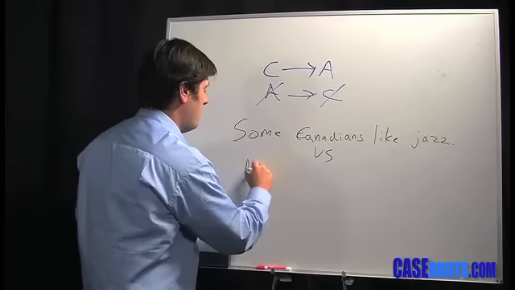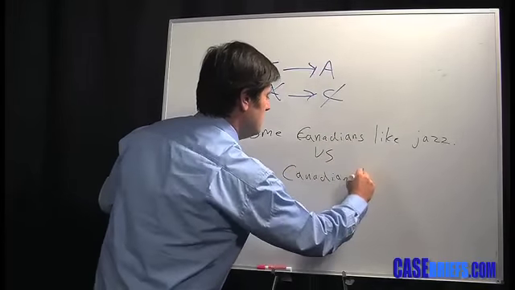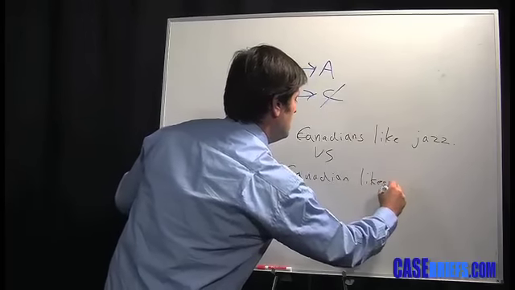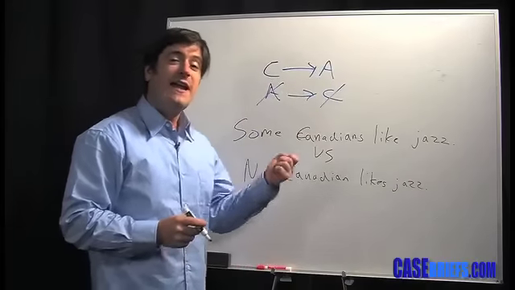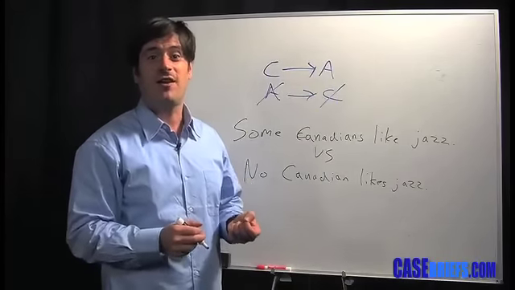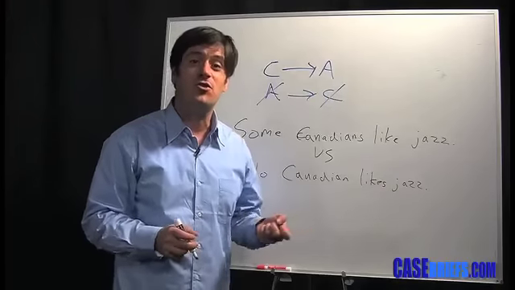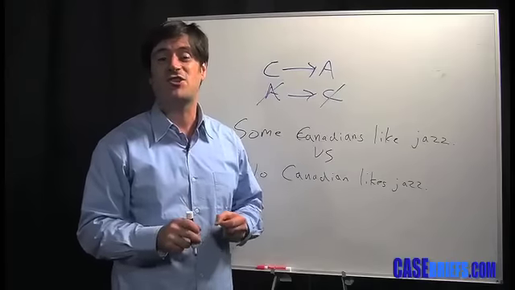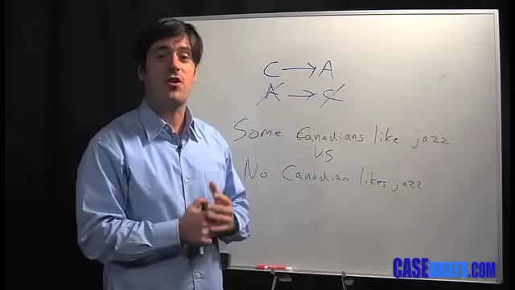Or in this case, no Canadian likes jazz. Well, that negation, no Canadian likes jazz, destroys the argument, because if no Canadian likes jazz, then it's impossible for Joe to like jazz. So the conclusion that Joe probably likes jazz is an invalid conclusion. So this would be the correct answer.